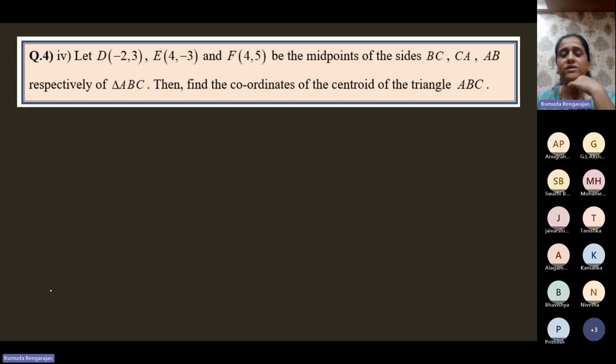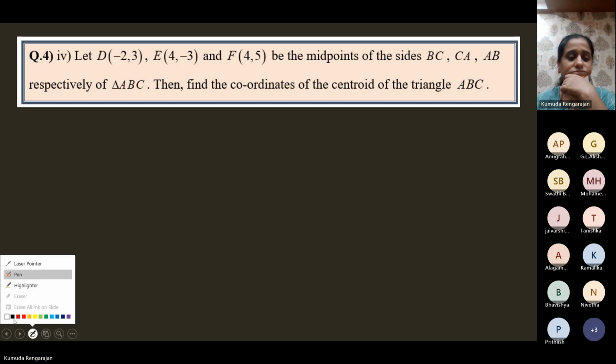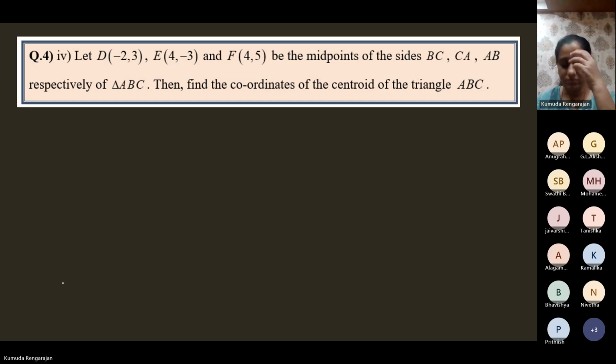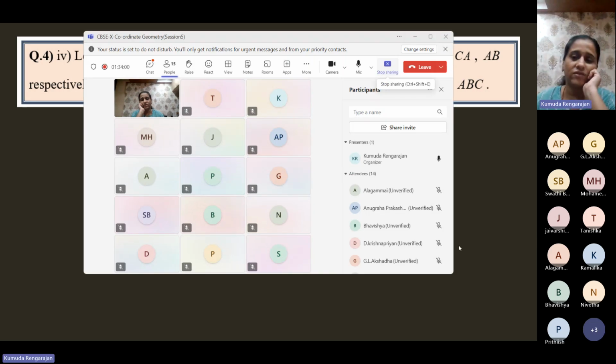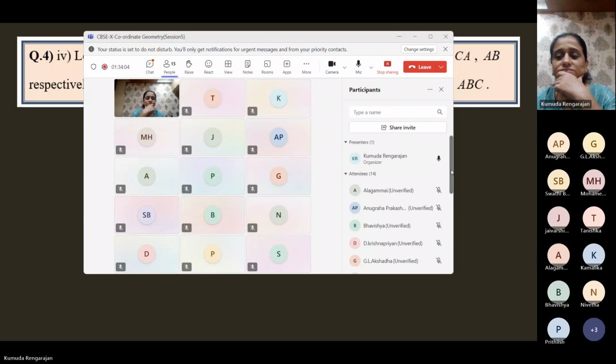Yeah, coordinates of the centroid, children. All of us cannot have mic issue. I'm sure you have worked it, but you don't want to share your answer, assuming that you may be wrong, is it? What's the answer?